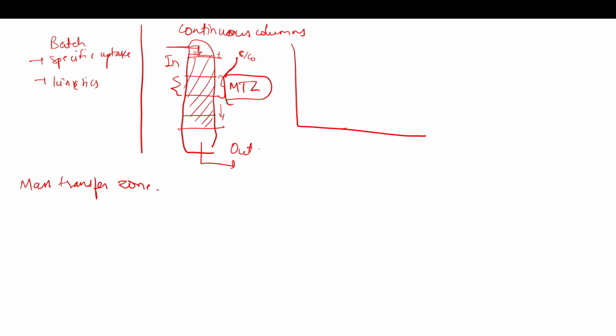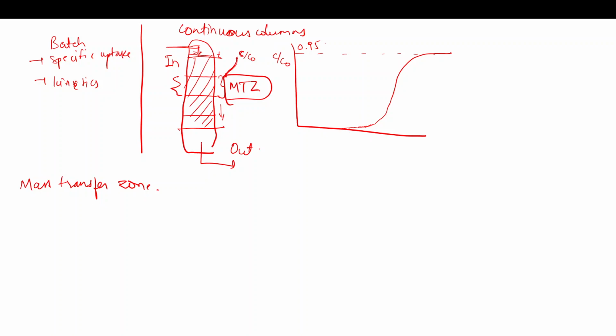So after a certain point there is some pollutant which is coming out in the effluent. So now you do not want that, so it will start growing, and at the end, this will be C by C naught maximum.